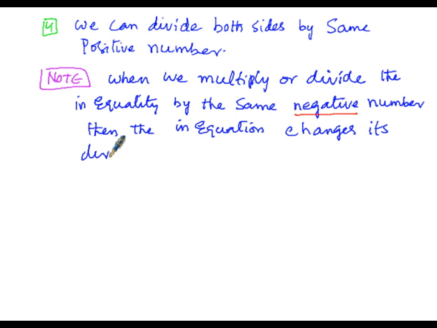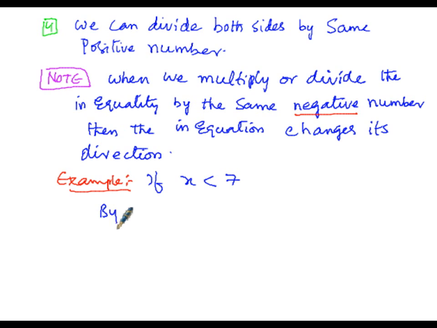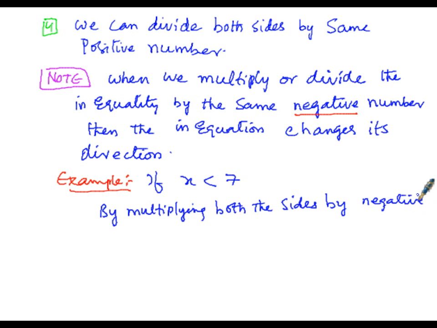For instance, let us perform one example. The example is: if x is less than 7, so here by multiplying both sides by a negative number, I am going to suppose that as minus 1.